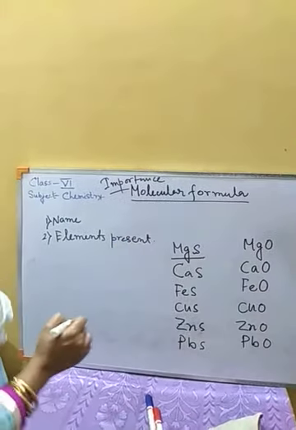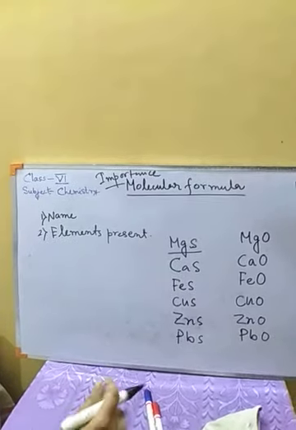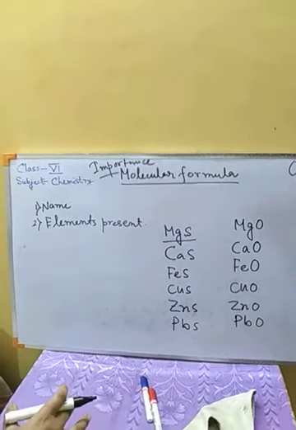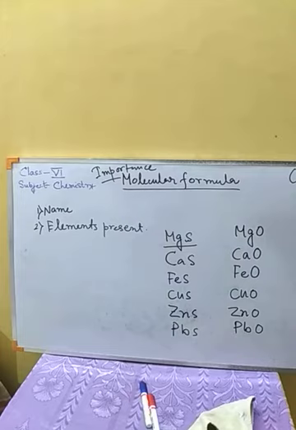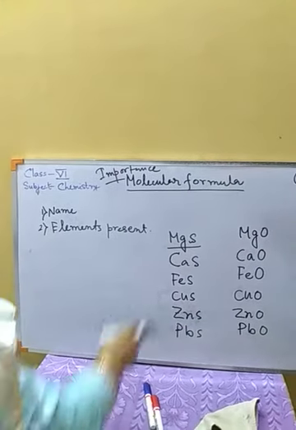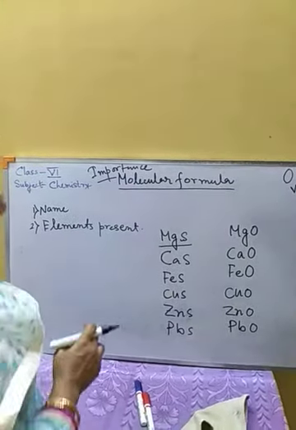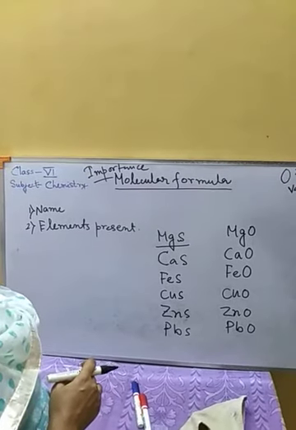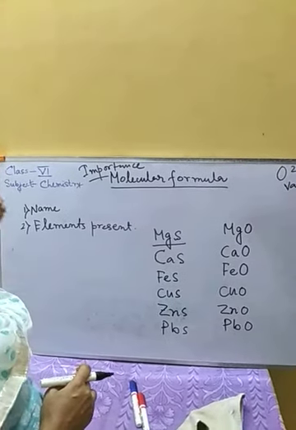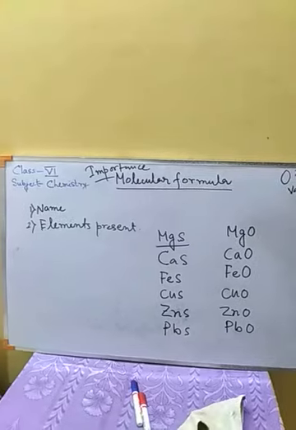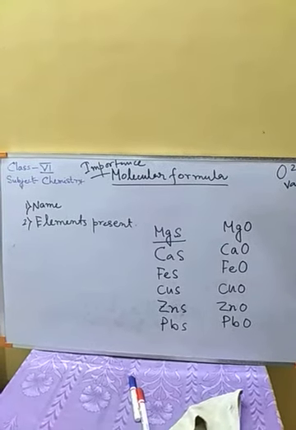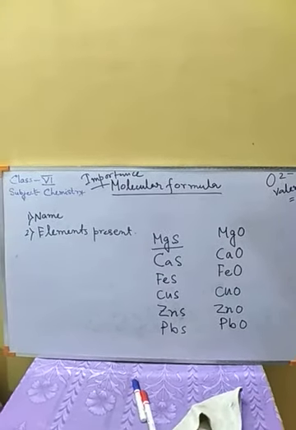Which elements are present in that particular formula, that also we can understand from the molecular formula. So here if we write MgS, that means we can say magnesium and sulfur, these two elements are present in this compound. So this also is an importance of the molecular formula.